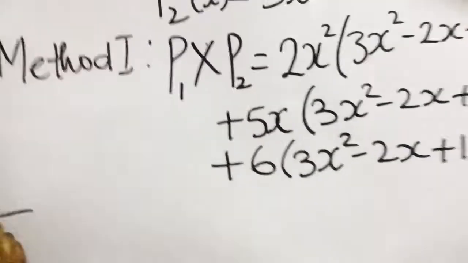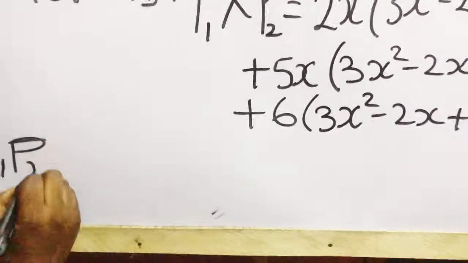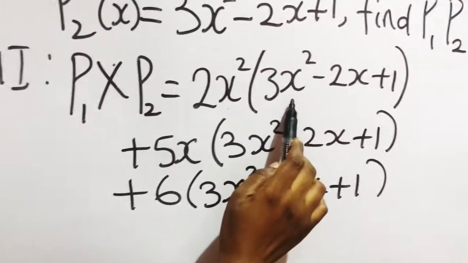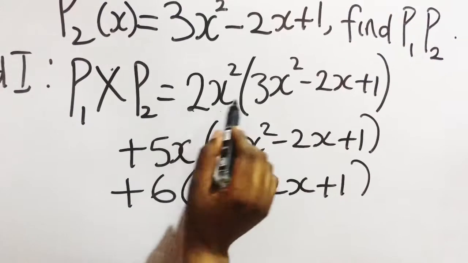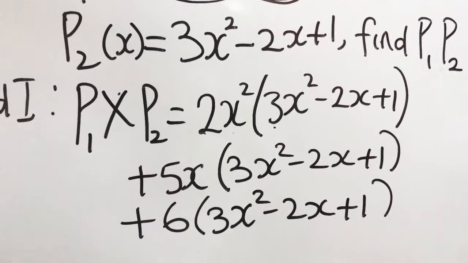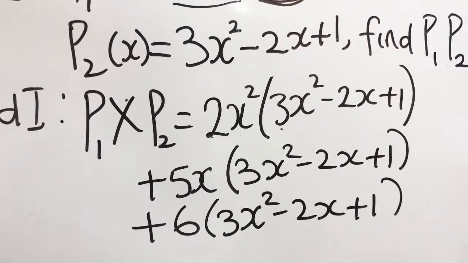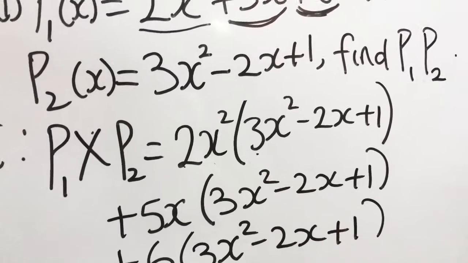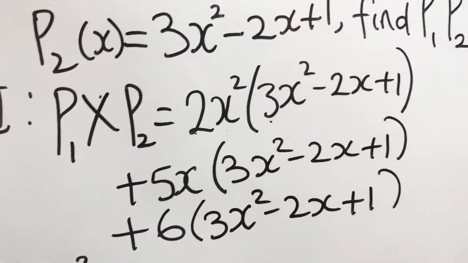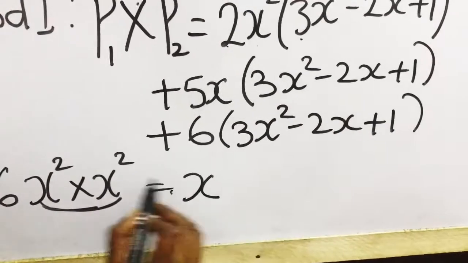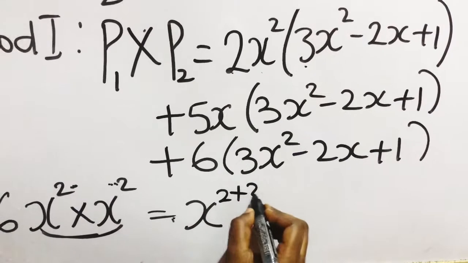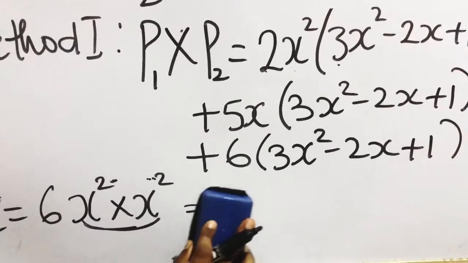So P1 multiplied by P2 will now be equal to, so 2x squared multiplied by 3x squared will give us 2 multiplied by 3, that is 6. And recall the law of indices. If you have x squared multiplied by x squared, you take one x, then you add their powers together. So 2 plus 2, we have x raised to power 4.